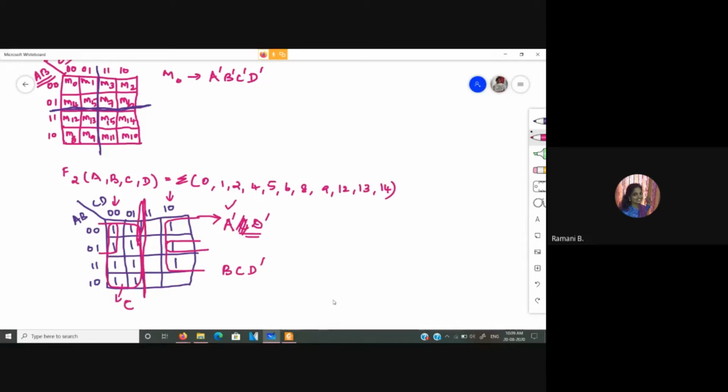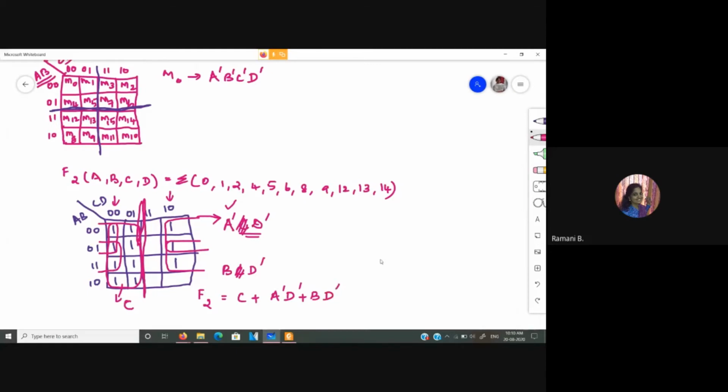Similarly, for this particular thing, I can consider another overlapping. With respect to that, B is equal to 1 is common and here C is equal to 0, here C is equal to 1, so I leave that out and you have D is equal to 0 alone. So this is the minimized expression for this particular function: A bar D bar plus B D bar.